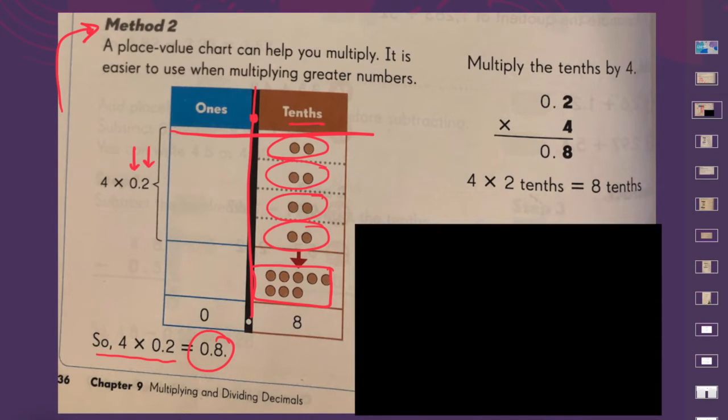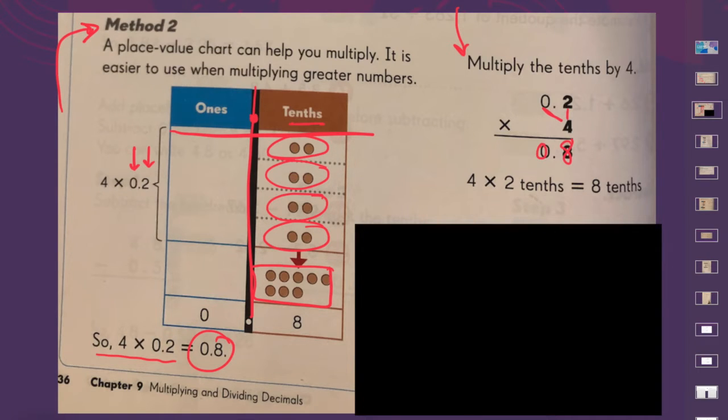And finally, if we wanted to just multiply the decimal and the whole number using the standard algorithm, we would just line up 0.2 times 4. And so we'd first multiply 4 times 2, which is 8. And 4 times 0 is 0.